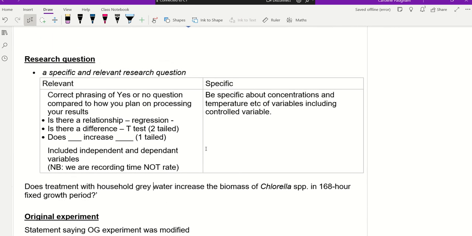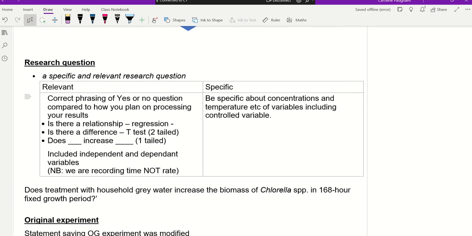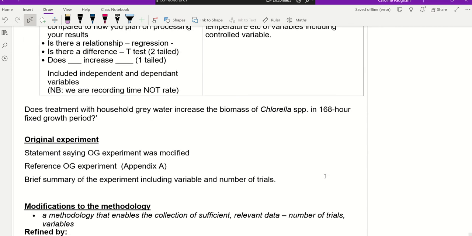OG experiment. So under research question, just do the title and you just literally write the research question. That's it. Then under original experiment, you literally just state one sentence. The original experiment was modified to, or was refined and extended or whatever, to investigate the specific research question.